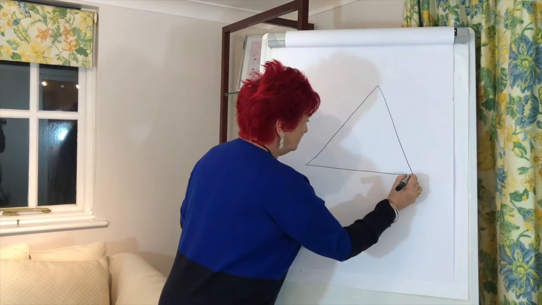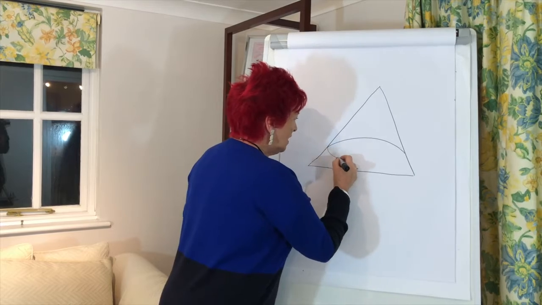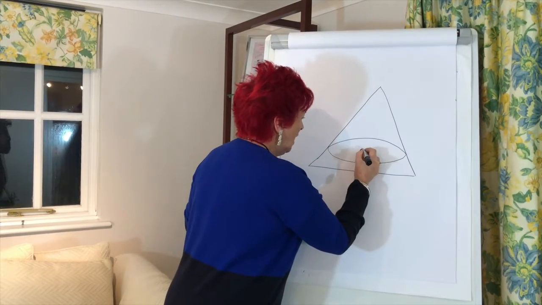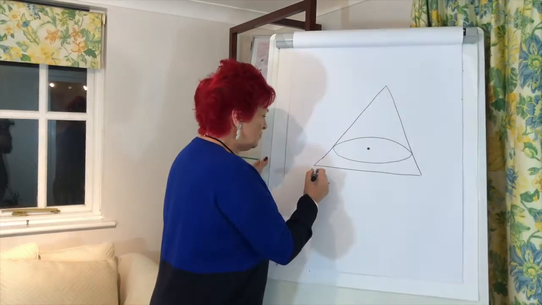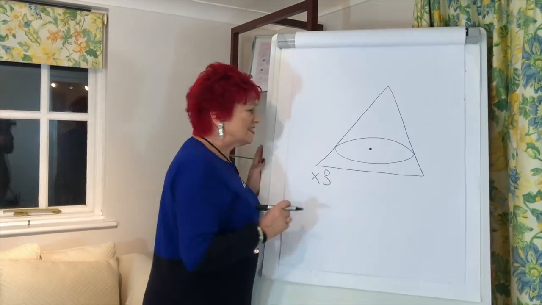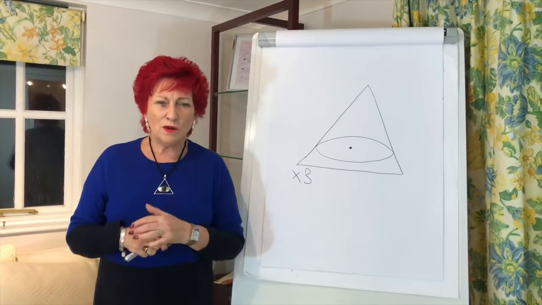It's a pyramid, and it has this eye, which is the protection, and you'll draw this 3 times. It's actually 3-dimensional, but you don't need to worry about that.